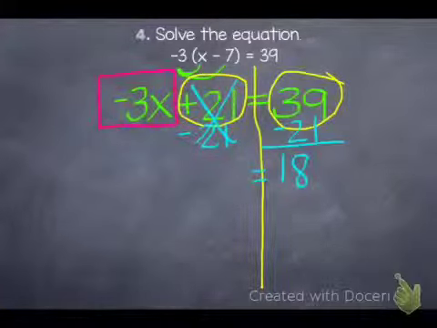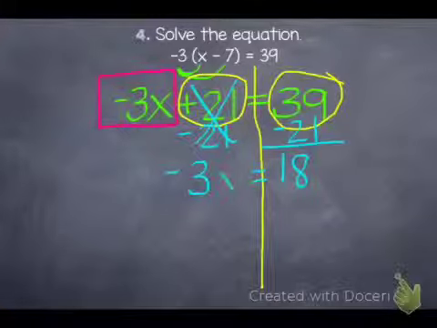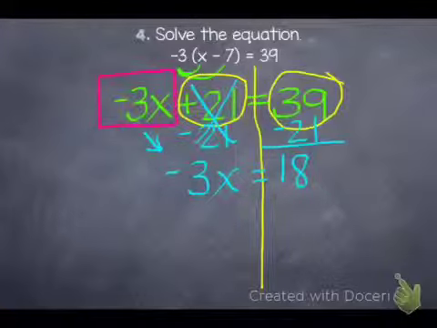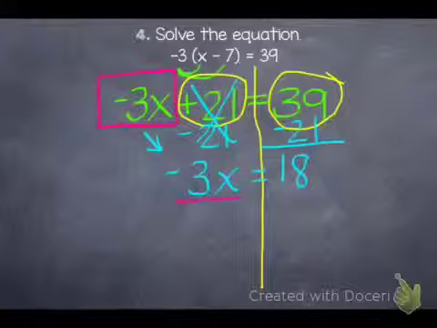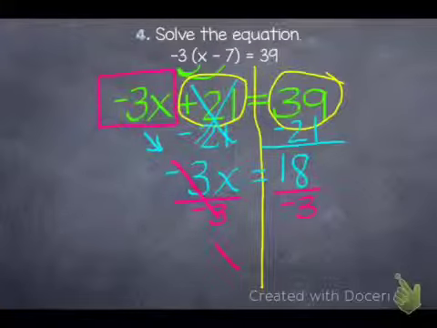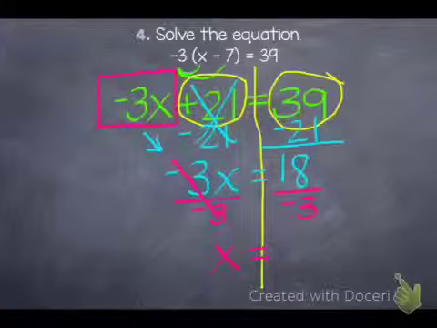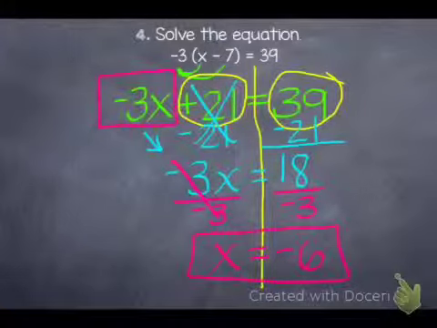And on this side, I'm going to bring down -3x. So now I have x being multiplied by -3. So to get rid of times -3, I want to divide by -3 on both sides, which eliminates that and leaves me with x on my left. And I need to divide 18 by -3. So positive divided by negative creates a negative, and then 18 divided by 3 is 6. So our answer is x equals -6.